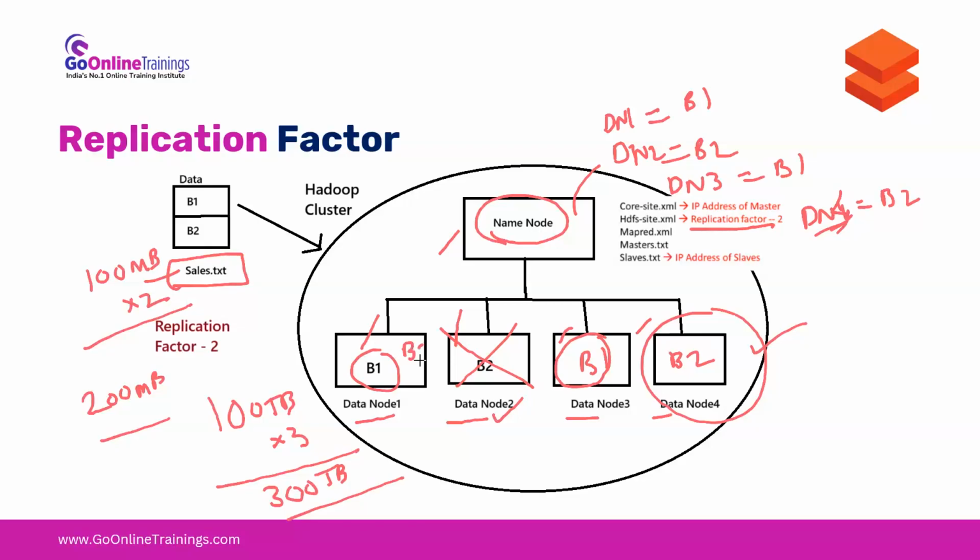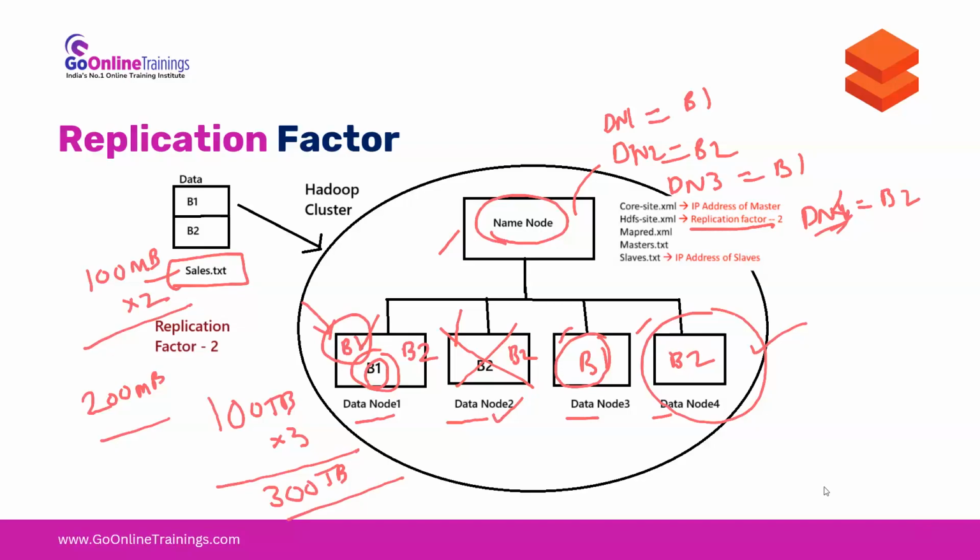Block 2 you can keep here, and block 3 you can have here. Block 1 you can have there. You can have more blocks, but the same block you cannot have. For example, block 1 is already there, you cannot take block 1 again and keep it in the same machine. That cannot be done. So you need to have different blocks. The same block cannot be stored in the same machine more than once.